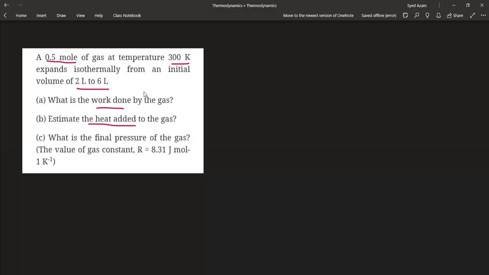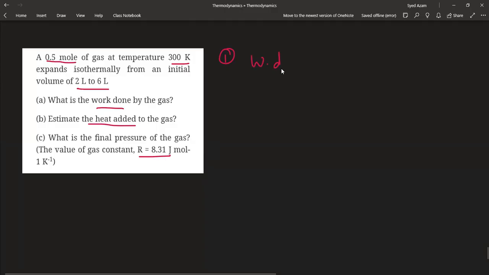See, work done by the system, work done on the system. Heat added, heat emitted. You have to be very careful because the sign conventions will change your answer. And lastly, it is saying R's value is given as 8.31. So what is the final pressure? It's an easy question, but these kinds of questions only will be there in your exam. But if you do not study and just look at the question, you'll not be able to relate.